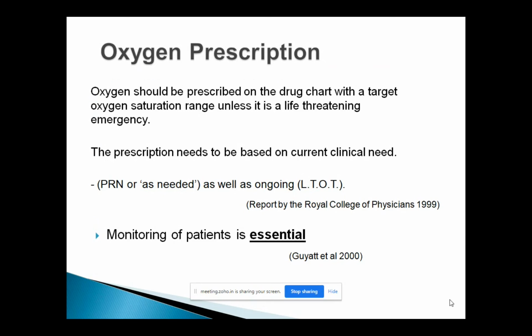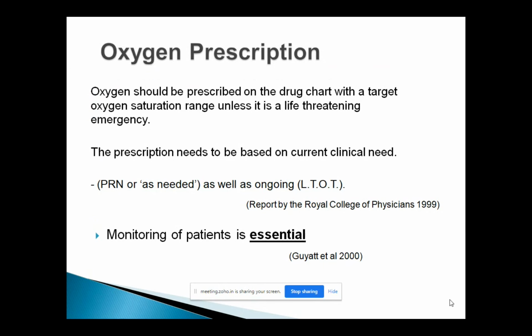For example, if you're treating a COPD patient, it would be very clear if the doctor writes the acceptable aimed saturation is between 88 and 92, and the amount of oxygen to be given is 2 liters or 3 liters via what type of device.